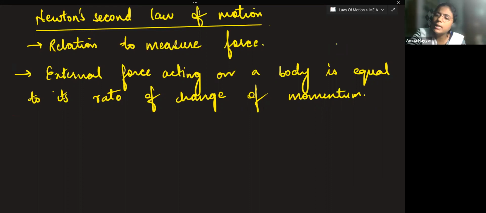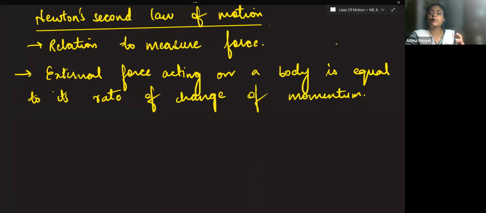Then you have a term that is known as rate. Rate means when any quantity changes with respect to time. For example, velocity divided by time is acceleration. That's why I say acceleration is the rate of change of velocity.